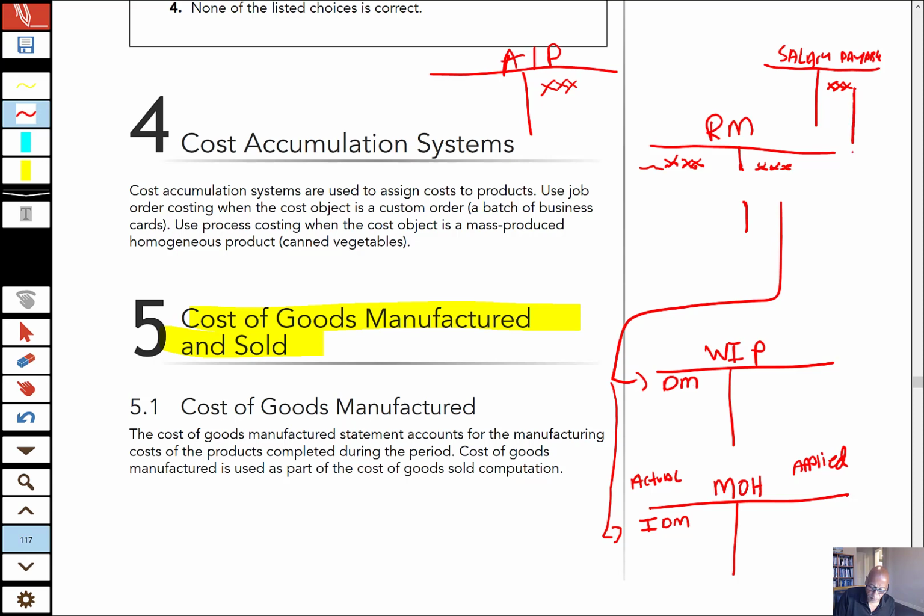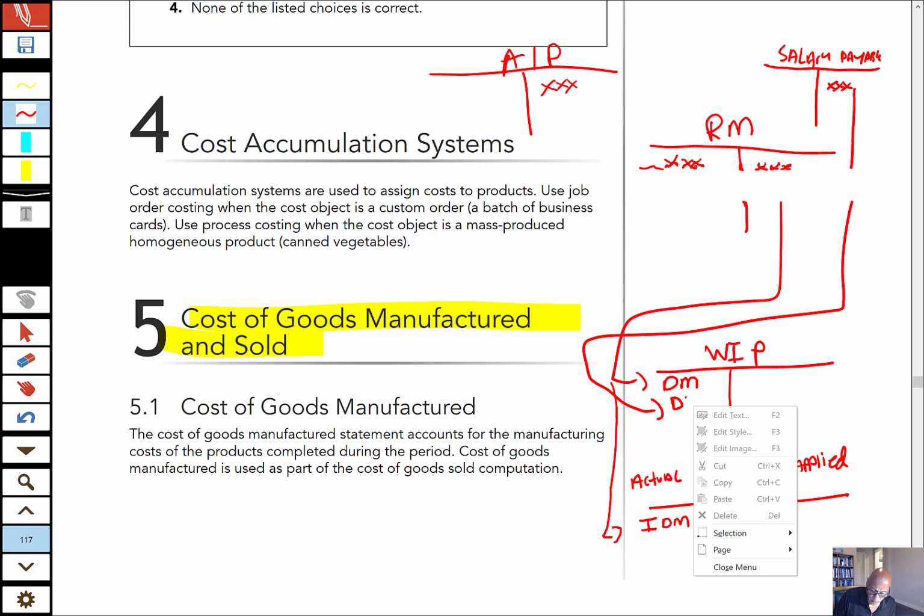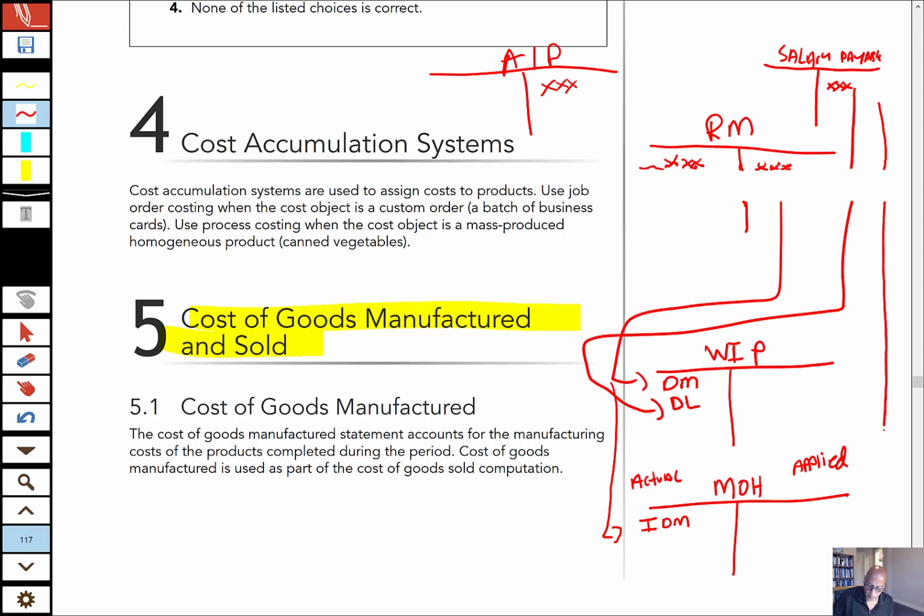If it is direct labor, then it'll go to my work in process. If it's indirect labor, I have to pay the supervisor or whatever. That's going to be my indirect labor. I'll put that as IDL.